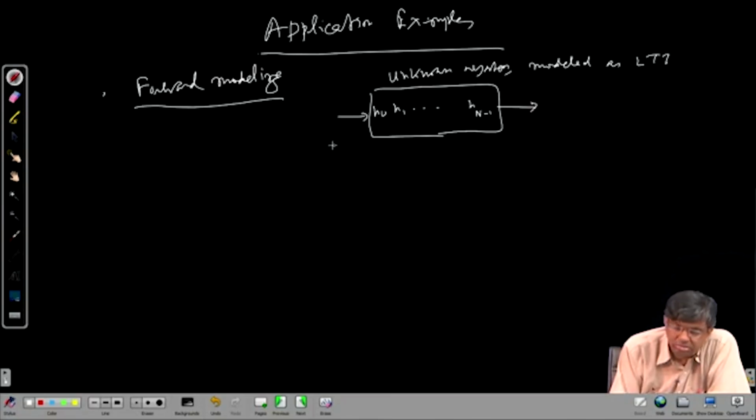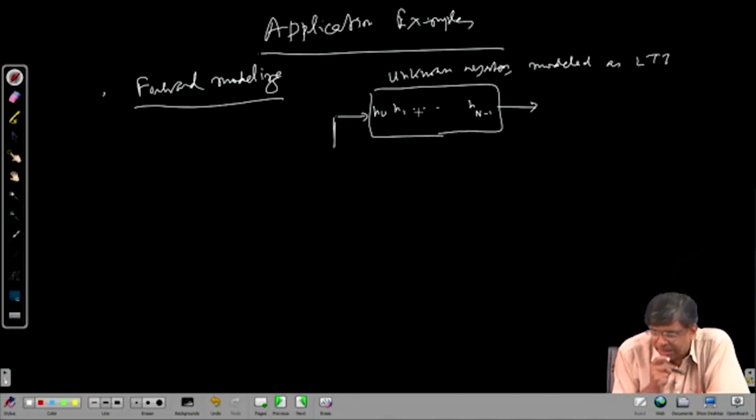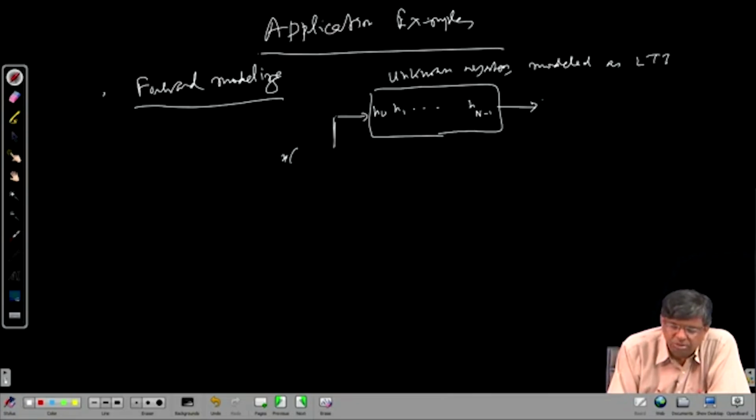Then I have to identify them, estimate them, and they may be varying with time, from time to time. So, I should be able to track them. That is a model, forward modeling. Okay. So, when you give a WSS input to the plant, that you can generate in the lab, it is not a problem, WSS input to this.